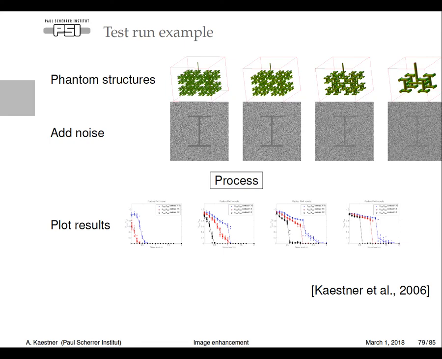And then I added noise at different levels, and then I started processing and could see the result when the method broke down and how well it behaved under different noise levels. So you can see that under some conditions, there are clear breakdown points where it fails to work at all. I think it was that the root system was disconnected, and then there was nothing to work on.